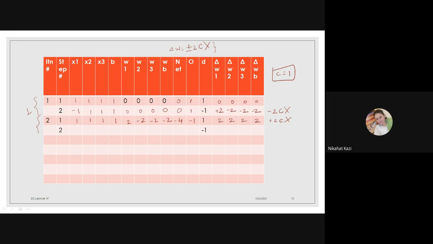Okay. And what has happened now? This is your second pattern. So 2, 2, 2, 2. You add to this vector, that is 4, 0, 0, 0. And net value is again, net value is -4.